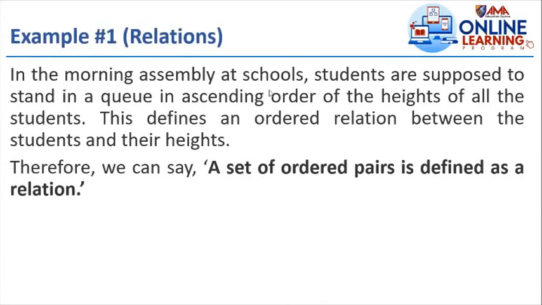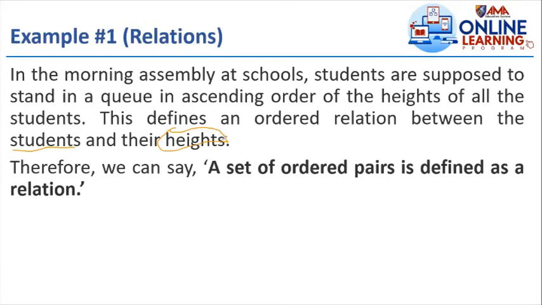In the morning assembly at school, students are supposed to stand in a queue in ascending order of their heights. This defines an ordered relation between the students and their height, since we are using these two variables. The relationship is between the students and their heights, which is what is used for them to form a queue during the morning assembly.